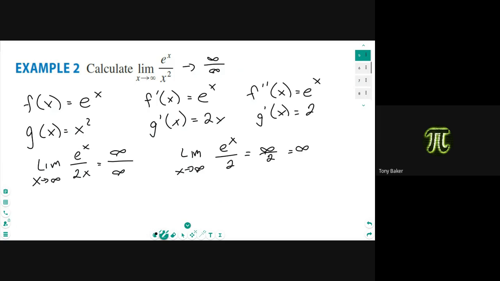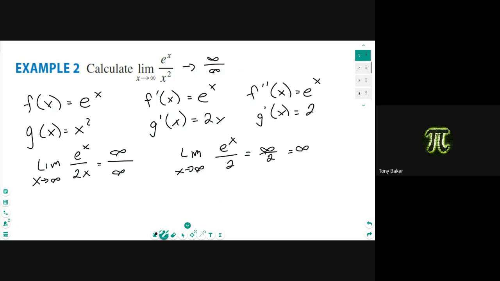So the reason why it matters is because it really depends on which one's going to infinity faster. Because if I flip this problem over and I did x squared over e to the x, it would have ended up being 2 over infinity, which goes to what? 0, because as the bottom's getting infinitely large, it's going to 0.